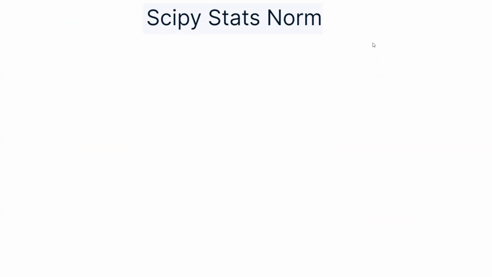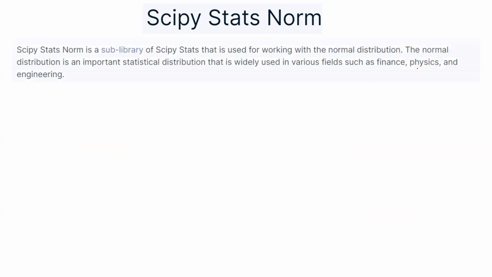So what are we going to use? We're going to use scipy.stats norm. Scipy.stats norm is a sub-library of scipy.stats that is used for working with normal distribution. Again, everybody, out of a lot of libraries that are available, we're going to use this sub-library. The normal distribution is an important statistical distribution. It's used in finance, business, physics, engineering, and so on.